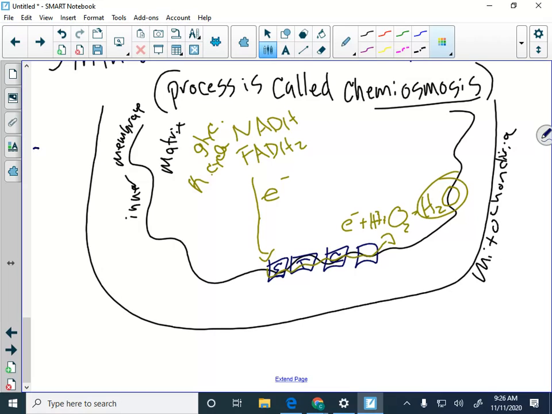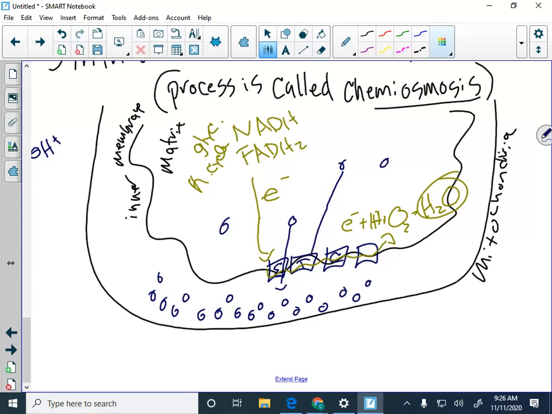We're going to say that these little circles are going to be H plus. We're going to pump H pluses out of the matrix against their concentration gradient.